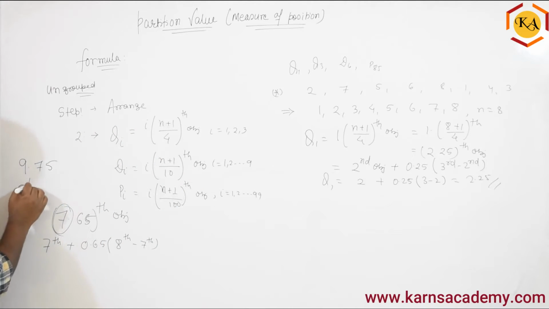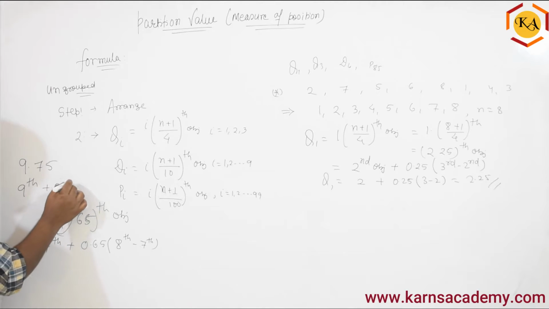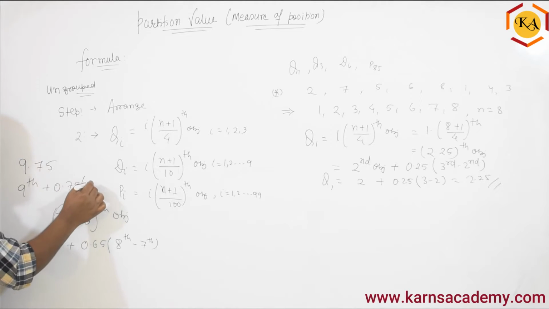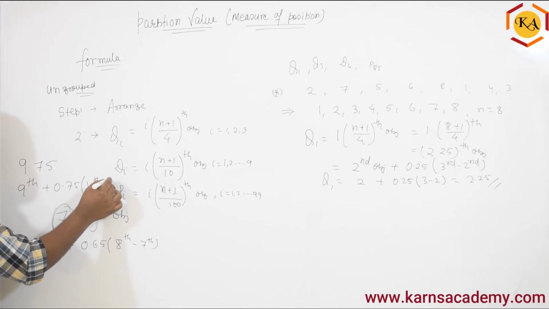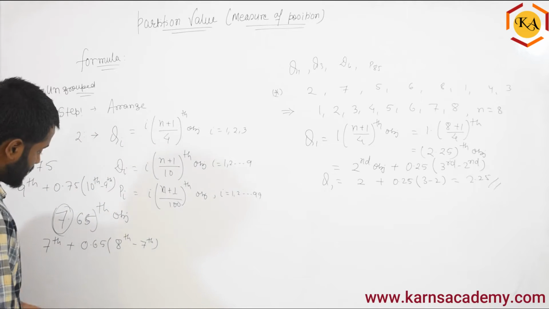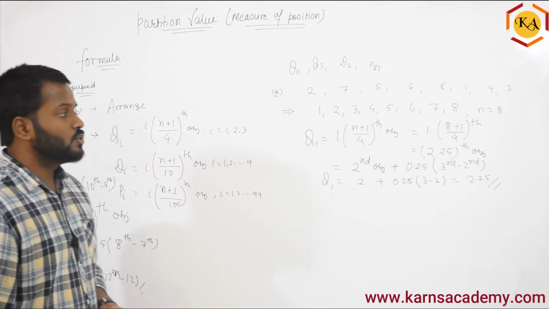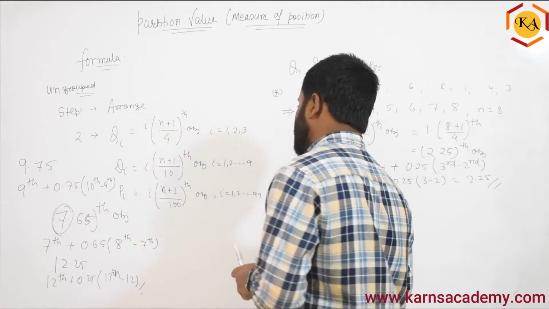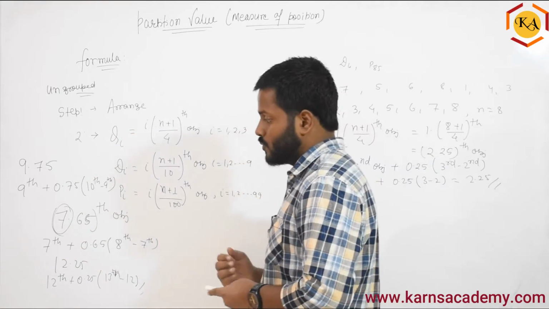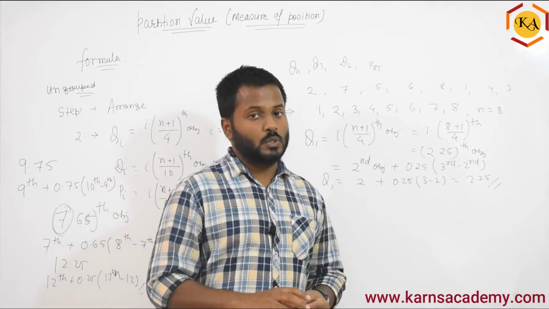So what you will do? You will take 9th plus 0.75. The next is 10th minus 9th. Right? Similarly, for example, if you got 12.25, what will you do? You will take the 12th term plus 0.25 and 13th minus 12th. Right? So generally for every question you will be getting the point value, so you have to solve like this in the quartile.